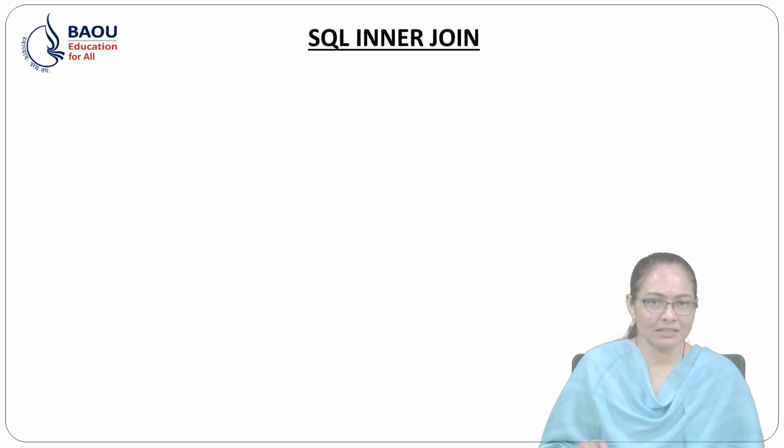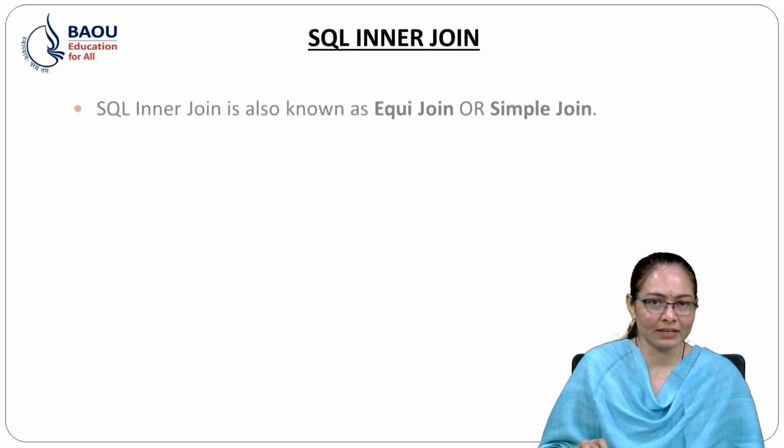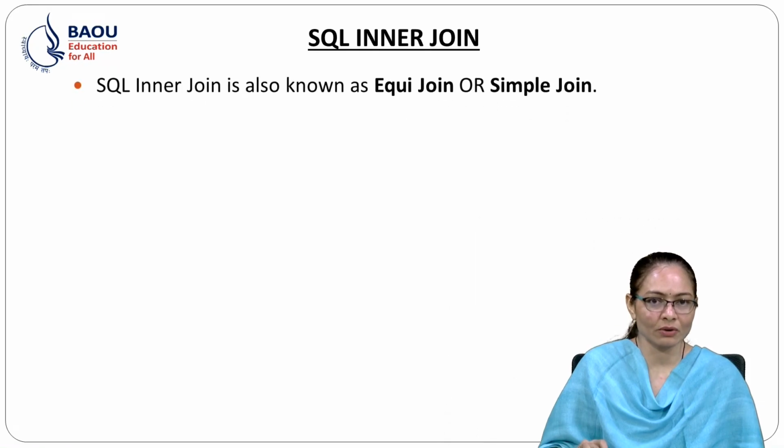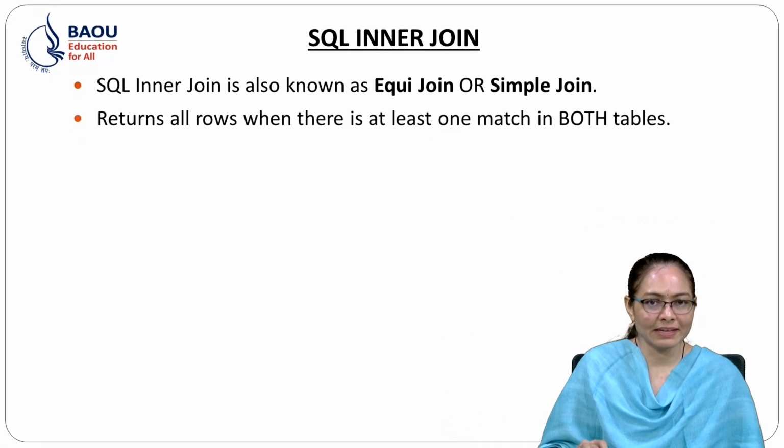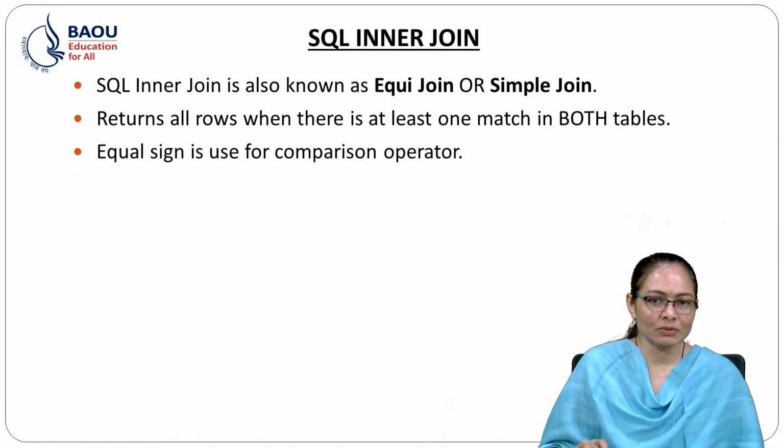Now, SQL inner join. The SQL inner join is also known as an equi-join or a simple join. It returns all the rows when there is at least one match in both tables. The equal to sign is used as the comparison operator.